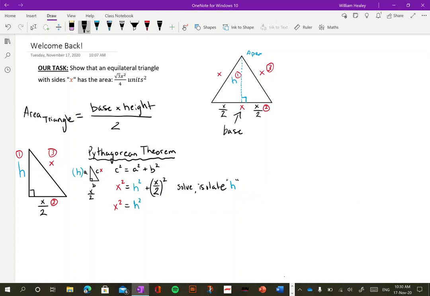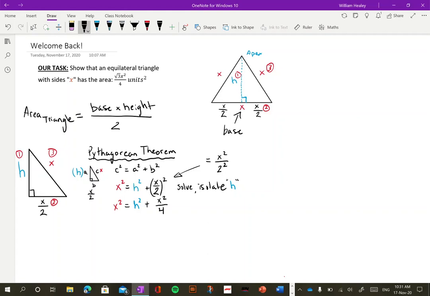And when we have a fraction inside brackets, it means we need to raise each value to the power of 2. This here is actually equal to x to the power of 2 divided by 2 to the power of 2. These are equivalent. And when we simplify this, we'll have x squared over 4. And we can eliminate the bracket.